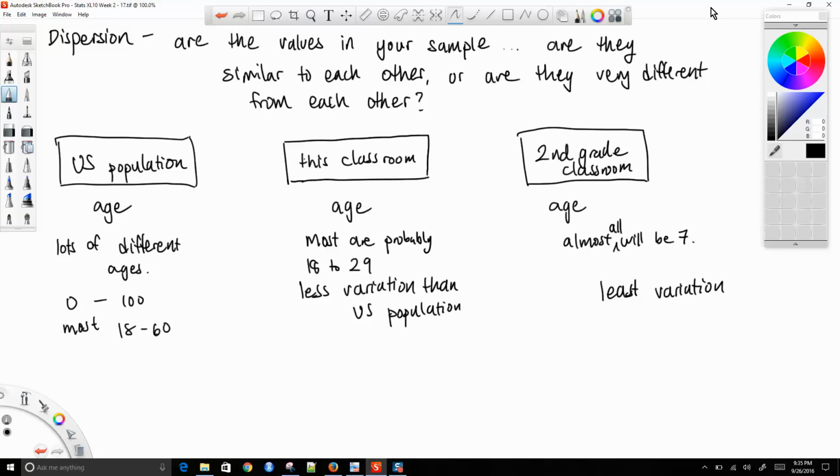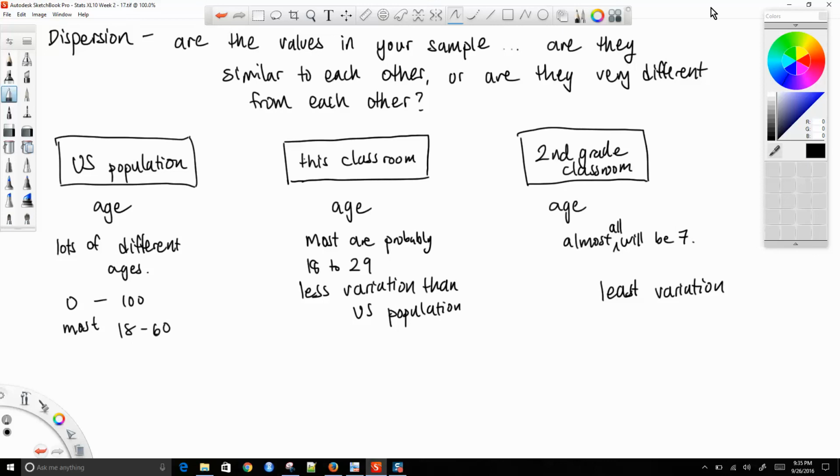Or we can say the IQR over here is 52 and over here is 7. That gives us an exact amount that says this group has much less variation than this group.